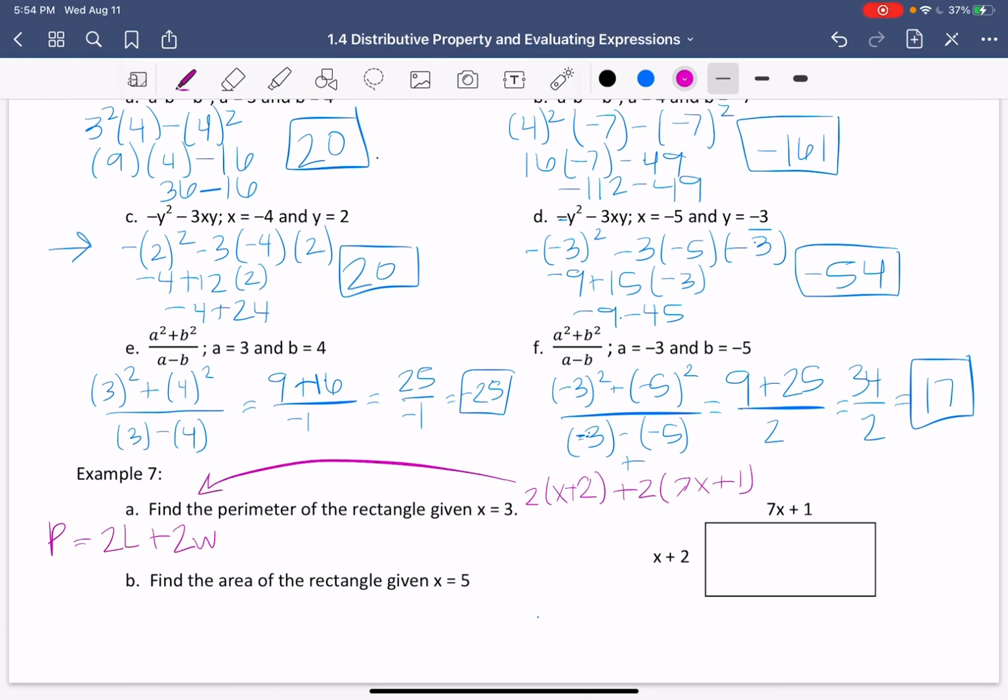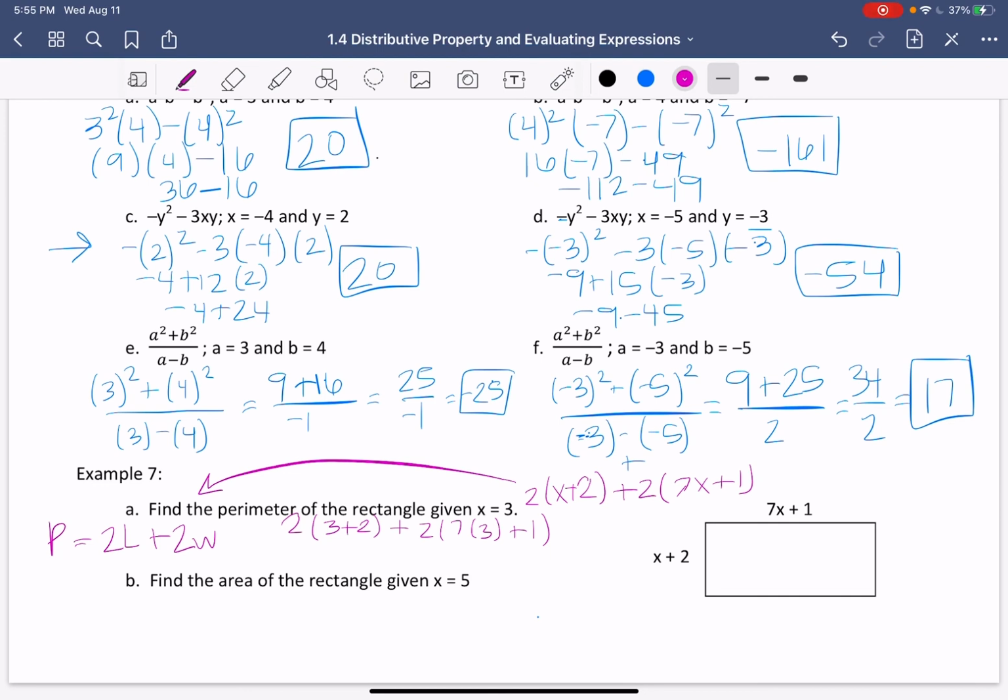So then we can plug it in. So we have 2 times 3 plus 2 plus 2 times 7 times 3 plus 1. And then we'll work it out. So we can start by distributing.